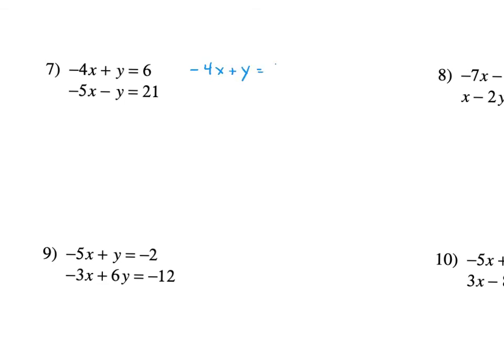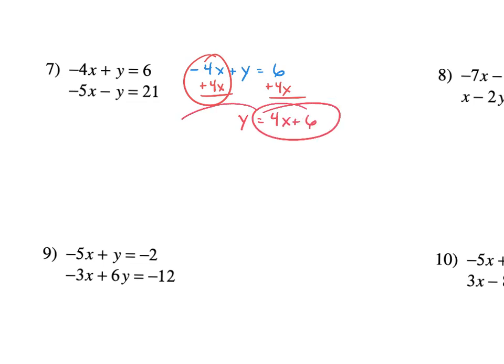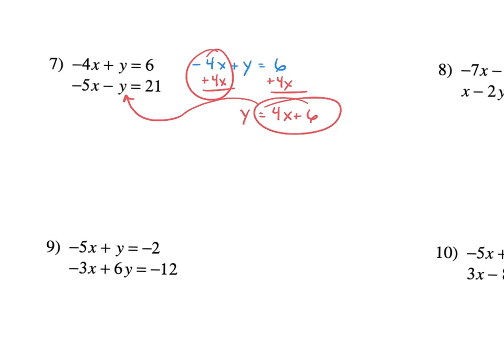I could have chosen the second one. And let's solve it for y. In other words, just get the y alone. On the left side, negative 4 plus 4 is 0 x's, so y equals 4x plus 6. And now I know what y is, and I can substitute it into the second equation.